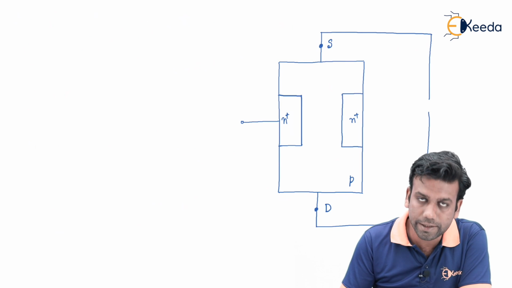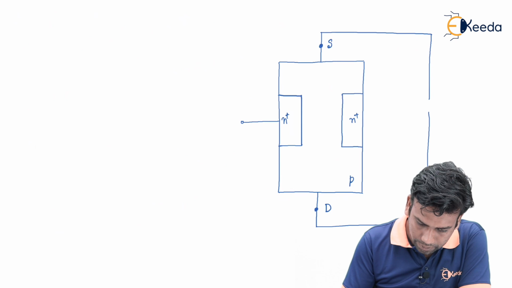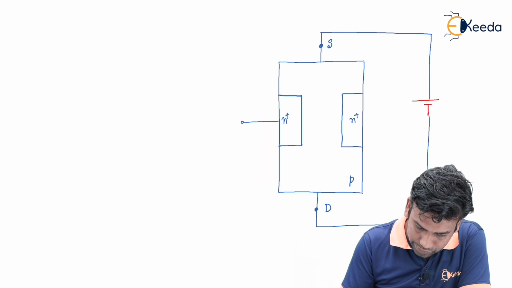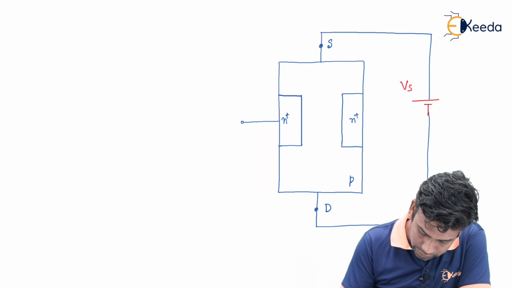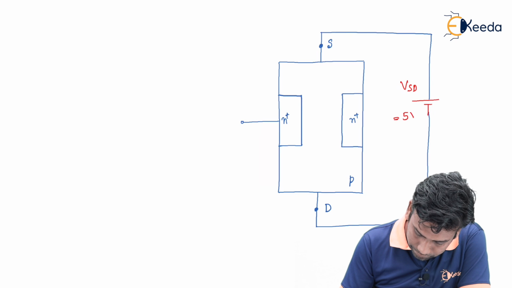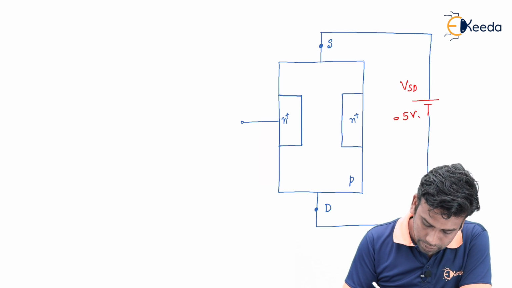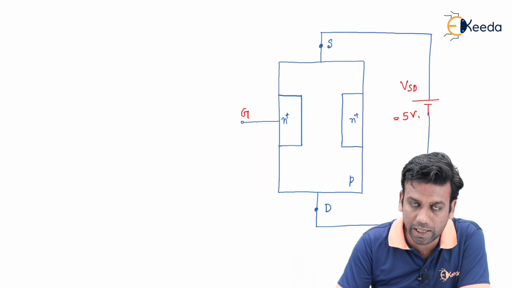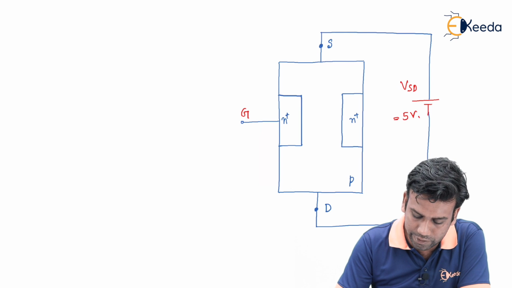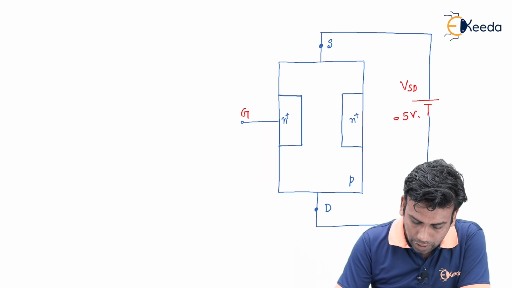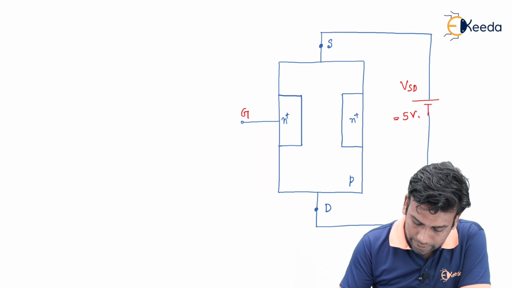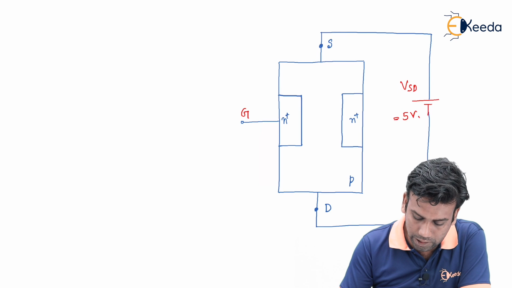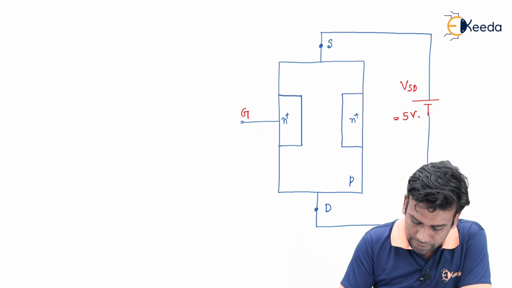For that, let us take a P channel JFET and apply VSD equal to some positive voltage. Let's say VSD is equal to 5 volt, and this is the gate terminal. We haven't applied any potential to the gate terminal because in the case we have taken only VSD has been applied. Now if I look at the channel, this channel consists of P type, which is a semiconductor, and every semiconductor will have some resistivity.